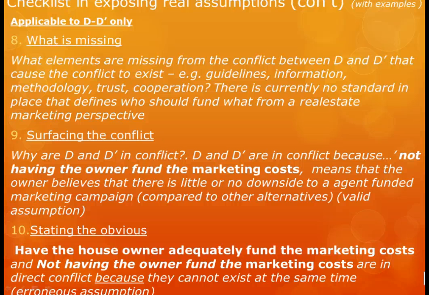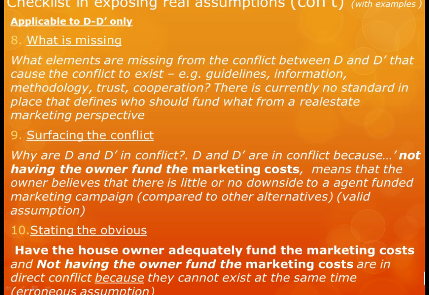The example that I give here, which would be a valid assumption, is that there is currently no standard in place that defines who should fund what from a real estate marketing perspective. That's indeed true where I live, and it helps to explain why D and D prime are in conflict.